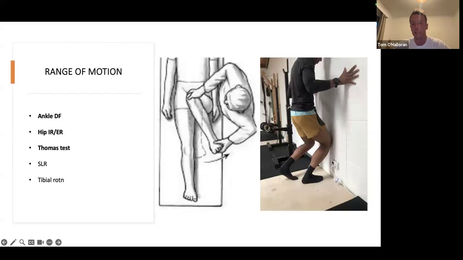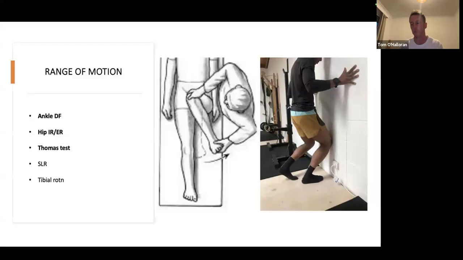So range of motion. You can use the tablet as well for this to measure. I didn't actually get a photo of it. I was running late on that, but otherwise knee to wall. So again, running, change in direction, landing. Again, there's no association necessarily between lack of dorsiflexion and injury, but it's still a constraint on the system.